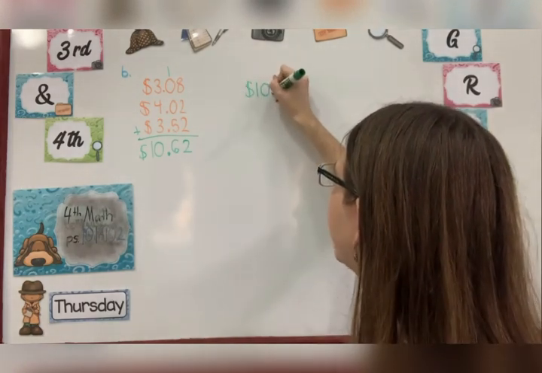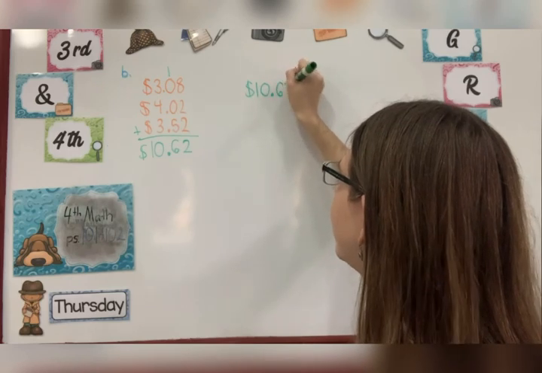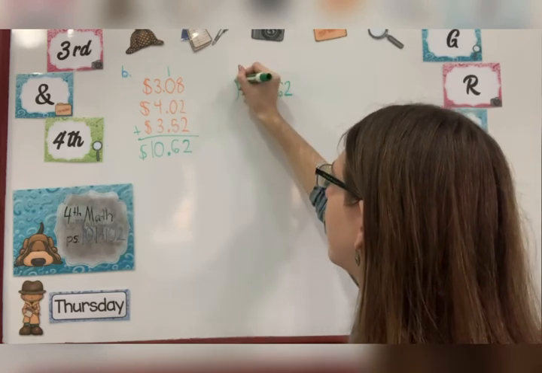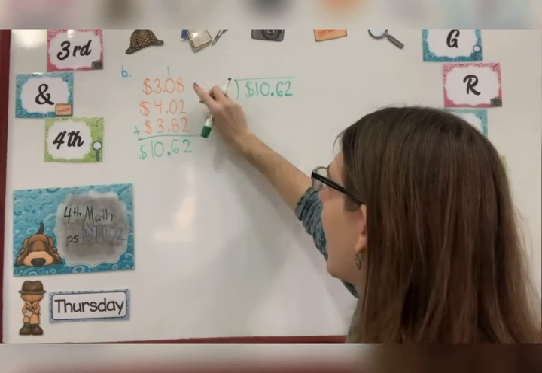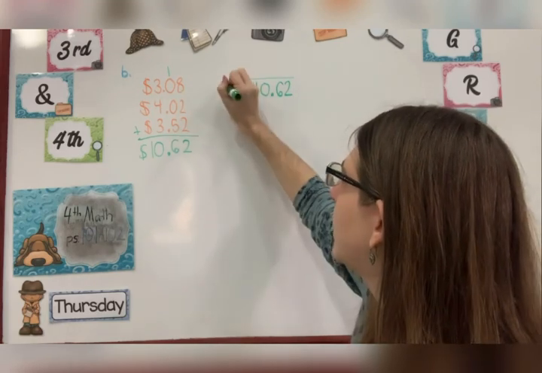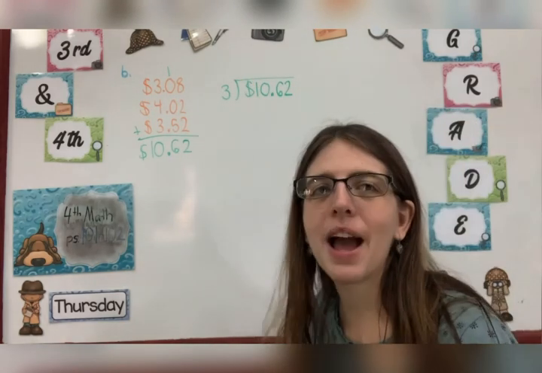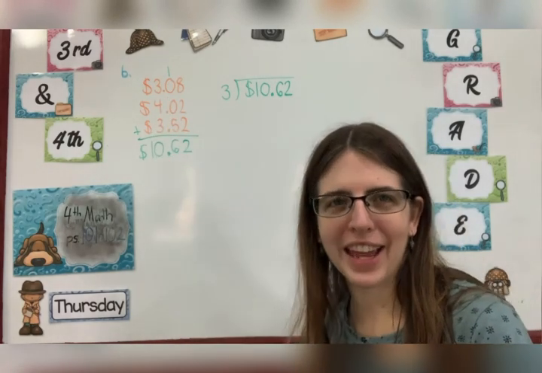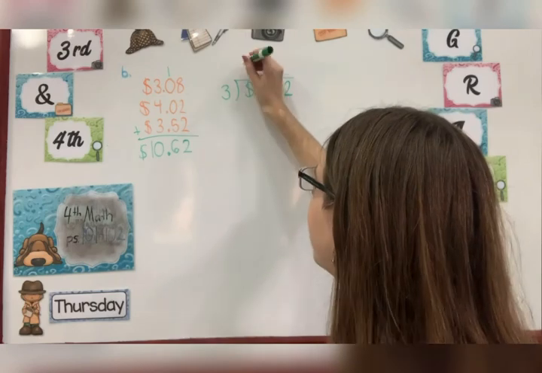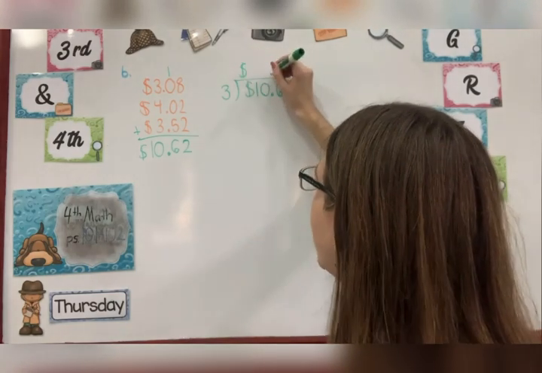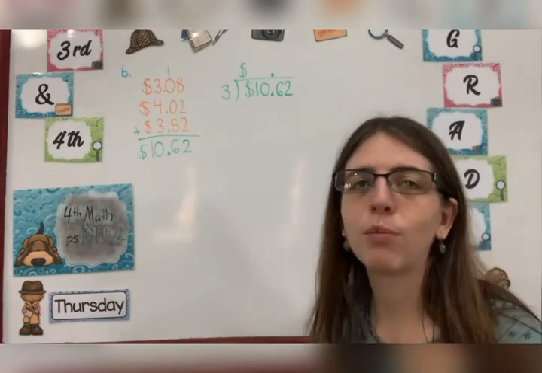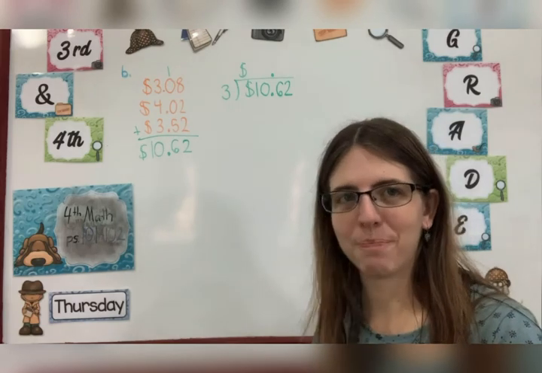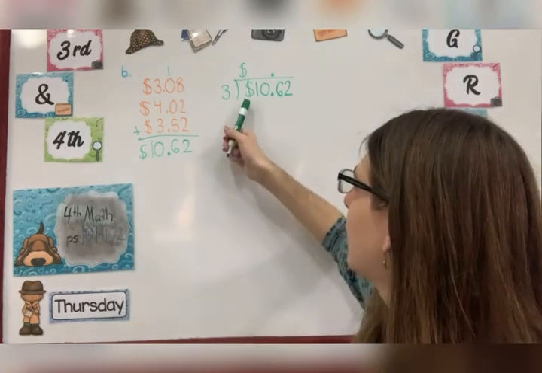So I'm going to divide $10.62 by, I have 1, 2, 3 numbers that I added, so I divide it by 3. You always divide it by the number of numbers you're adding. Since it's money, I'm going to go ahead and put my dollar sign and decimal point on top right away so I don't forget them. So now I'm going to divide.